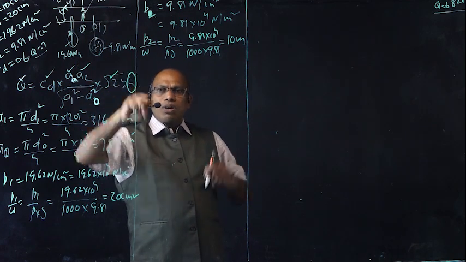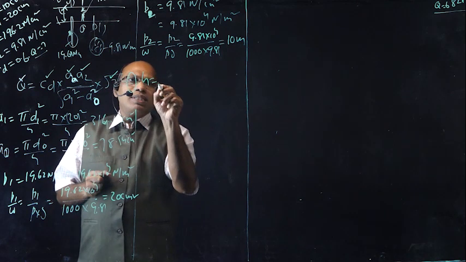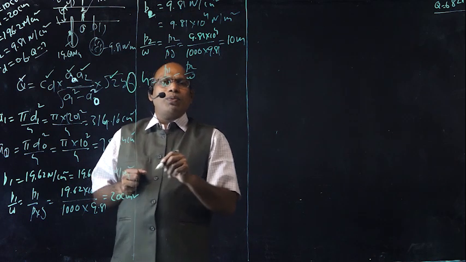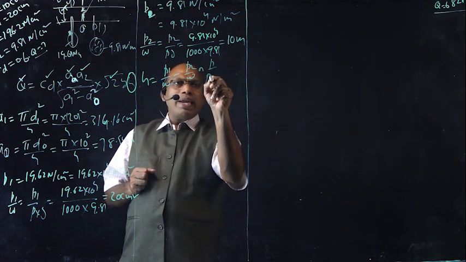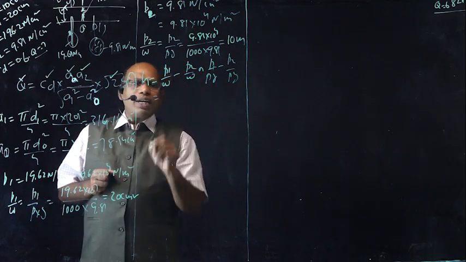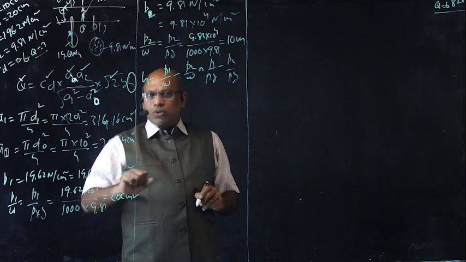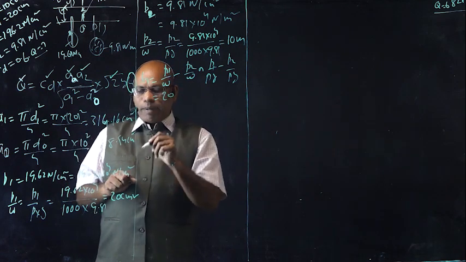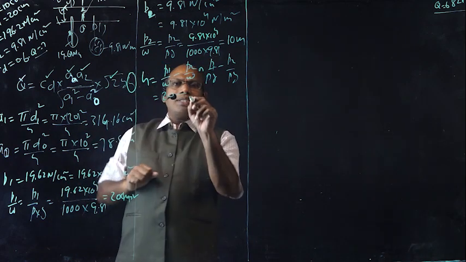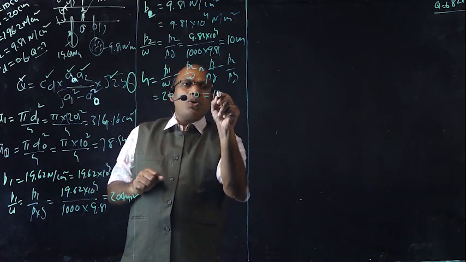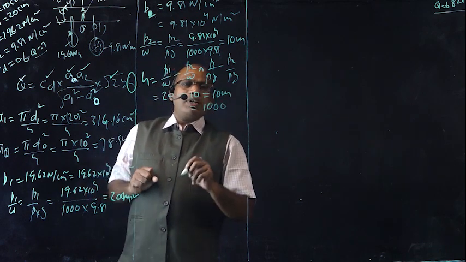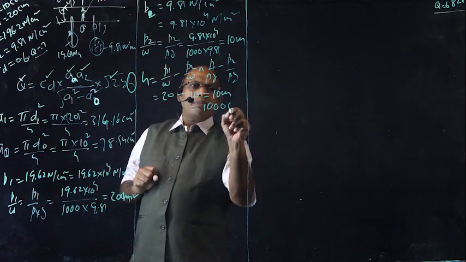Therefore, pressure difference H is equal to P1 by W minus P2 by W, or P1 by rho G minus P2 by rho G. Already we have determined P1 by W is equal to 20 meters. 20 meters minus 10 meters equal to 10 meters, or this is equal to 1000 centimeters.